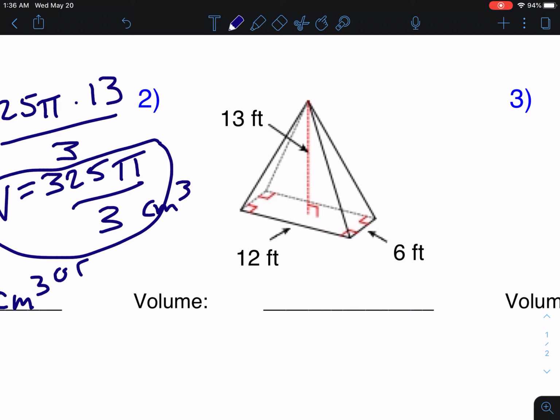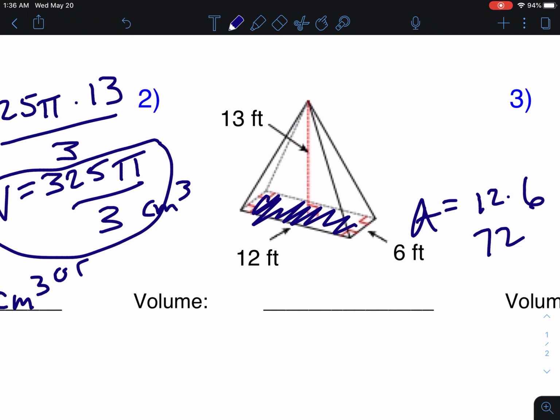So for this one here, area of the base, so this one we have a rectangle base. So the area of that base is 12 times 6, or 72. And if we put it into our formula, that would be 72 times our height of 13.